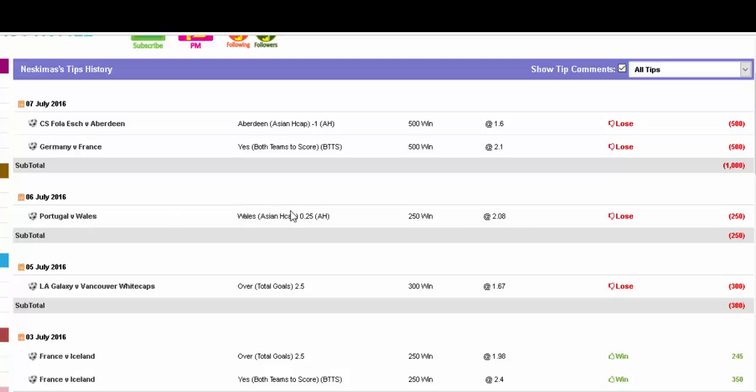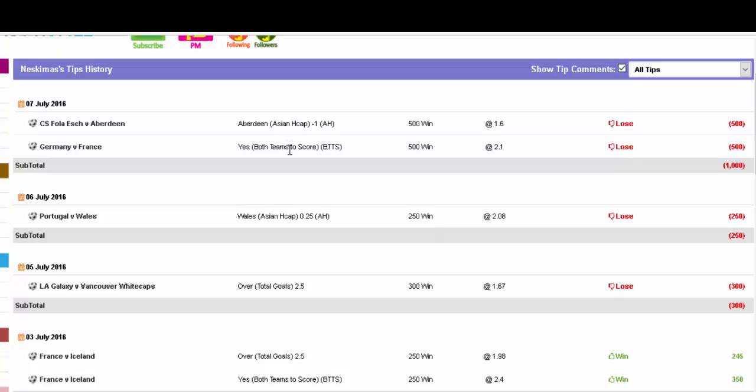It was kind of moderated. Thinking back now, I thought there was a good chance of a draw because Portugal hadn't been in the lead in 90 minutes and all this kind of stuff. So, you know, it's not a 500 bet. Still disappointing.